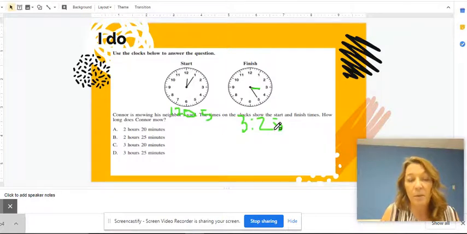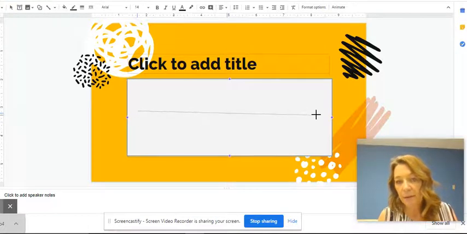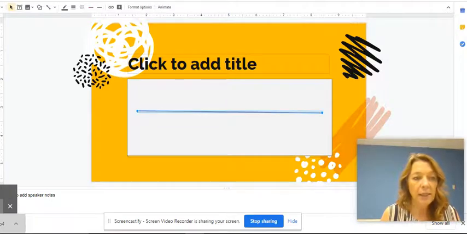Let's make that number line right here together. All right, let's see what happens. So I take my number line, and the first thing I'm going to do is get a line on my white sheet of paper. So here's my line. I draw from one end to the other, and I know that I need to start with what time?